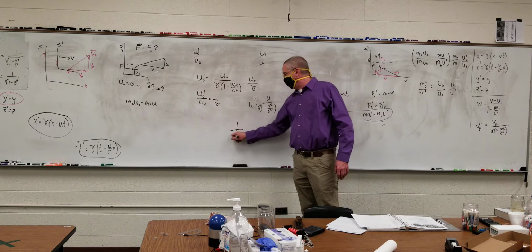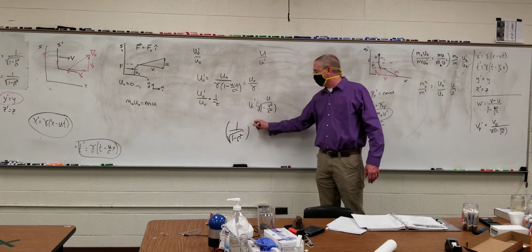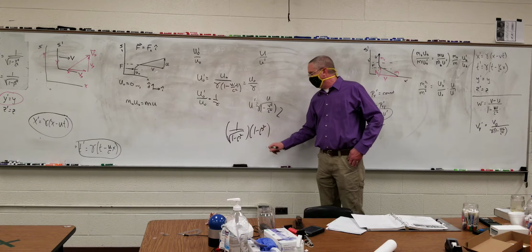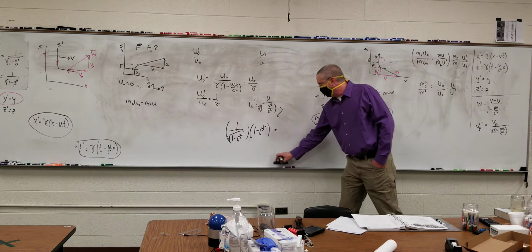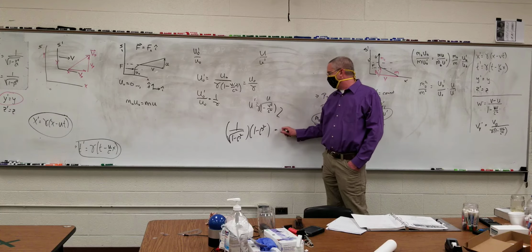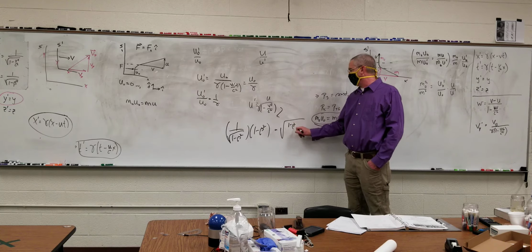Gamma is 1 over the square root of 1 minus beta squared, and I'm multiplying that times, this is my denominator here, 1 minus beta squared. So this becomes the square root of 1 minus beta squared.